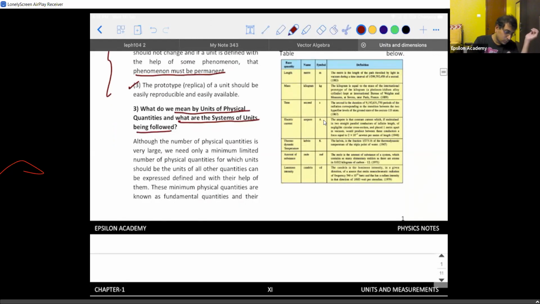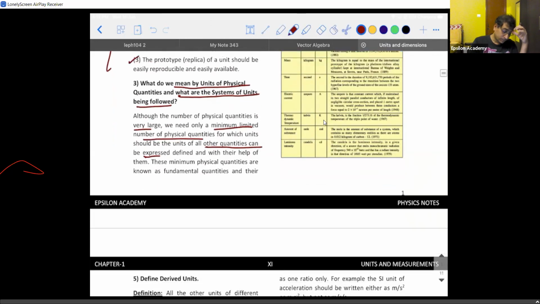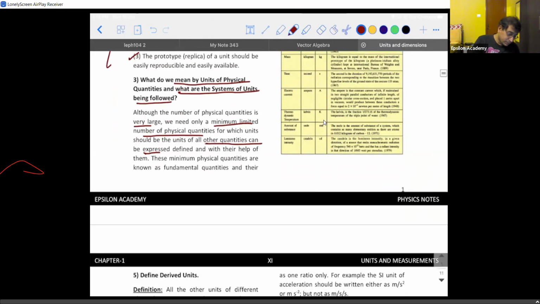Although the number of physical quantities is very large, we need a minimum limited number of physical quantities whose units can be used to express the units of all other physical quantities. These minimum physical quantities are known as fundamental quantities.